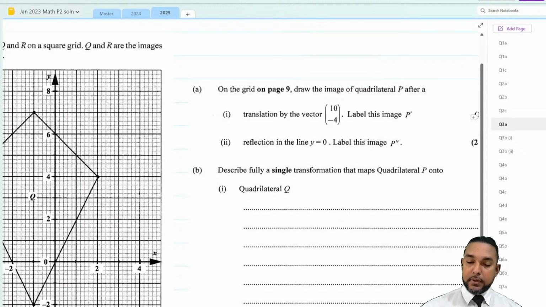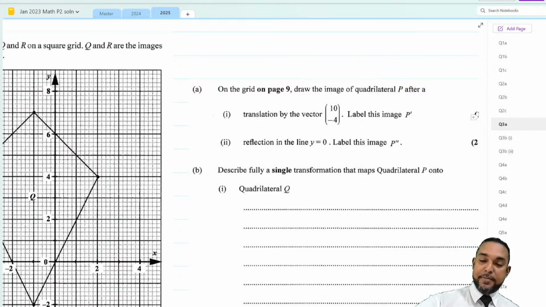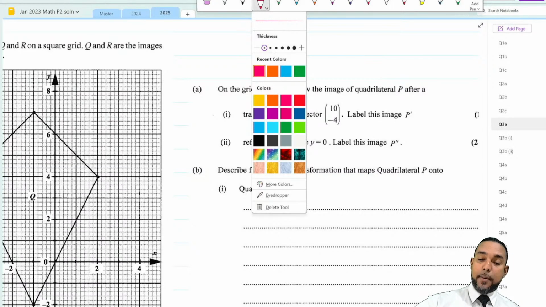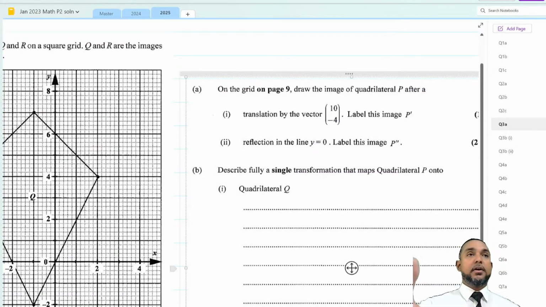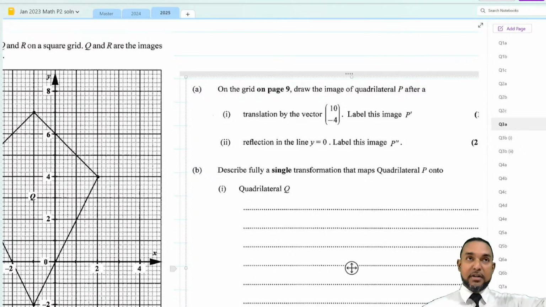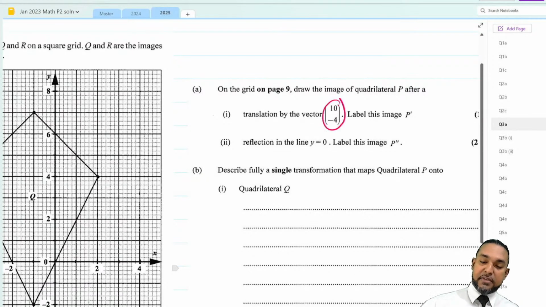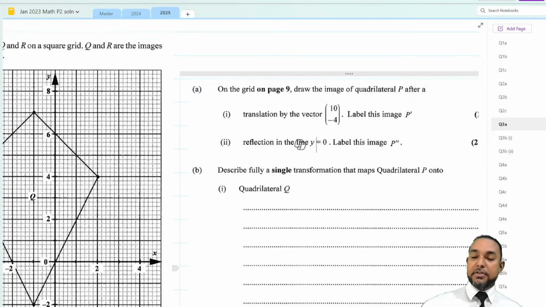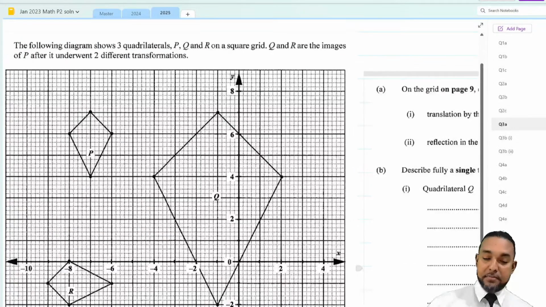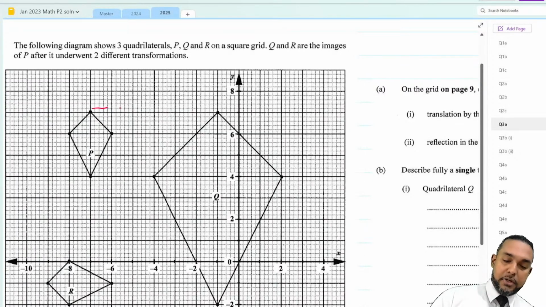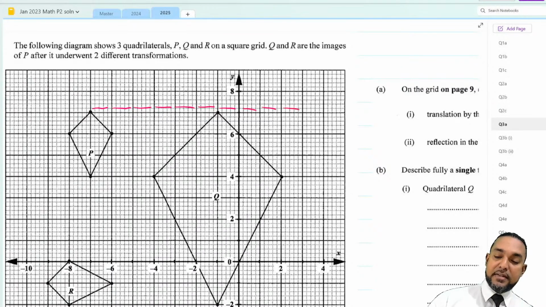Right. On the grid on page 9, draw the image of P after a translation by the vector 10, minus 4. Label this image P prime. Remember we talked about translations when we did vectors, the horizontal and vertical movements, right? So this vector will translate P 10 on the horizontal and minus 4 on the vertical. 10 on the horizontal means we're moving 10 spaces: 1, 2, 3, 4, 5, 6, 7, 8, 9, 10.